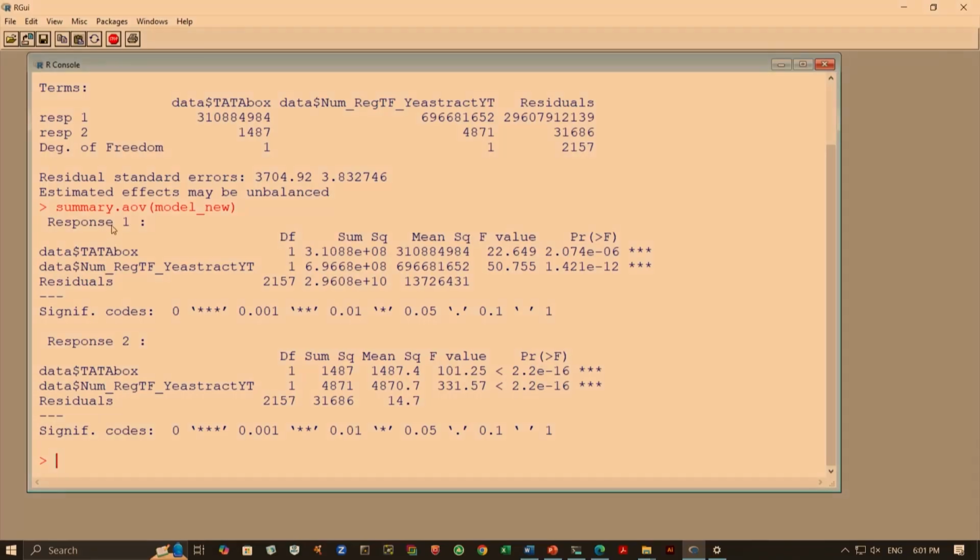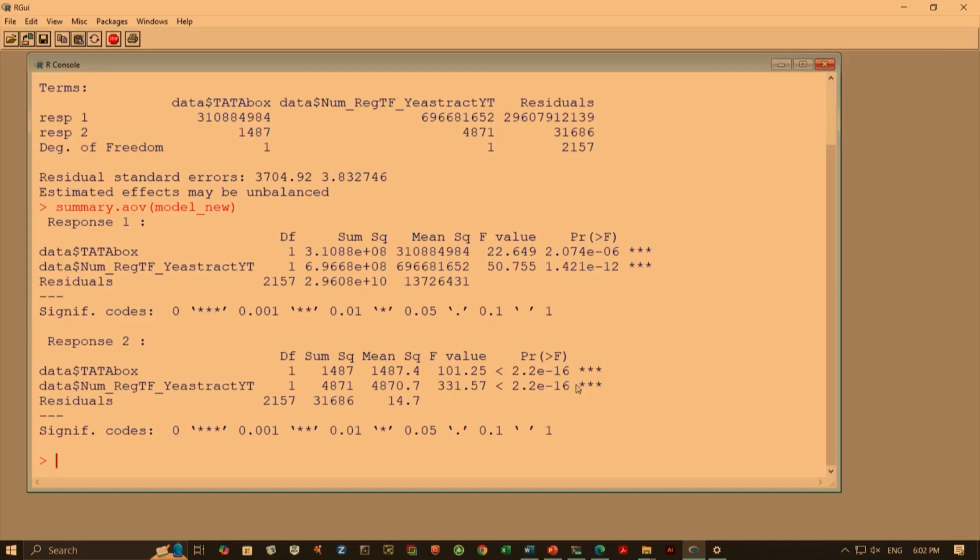These are the results for the first response variable, which was the average expression, and then we have the second response variable, which was the heterogeneity. So, we actually get the same results, but we can run this analysis together using MANOVA rather than doing individual ANOVA analysis.